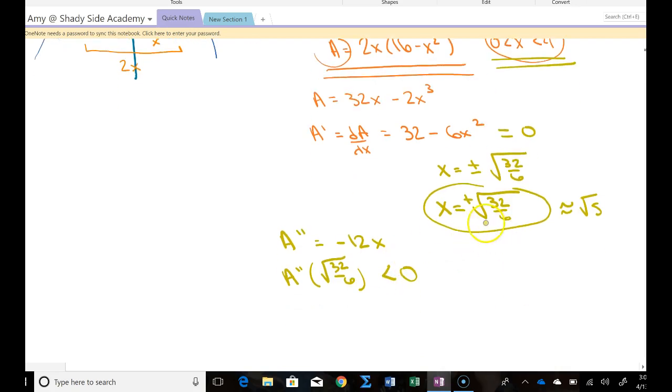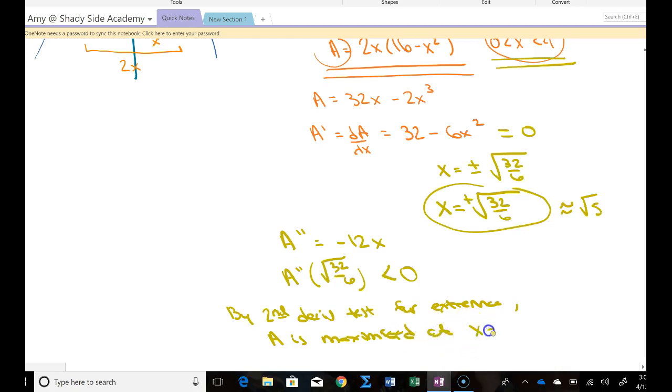So I have a point at x equals radical 32/6, A prime equals 0, and A double prime is negative, which means the function is concave down. So by the second derivative test for extrema, area is maximized at x equals the root of 32/6.